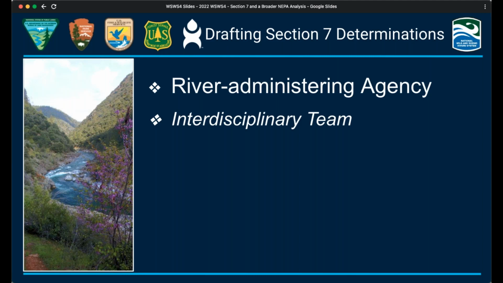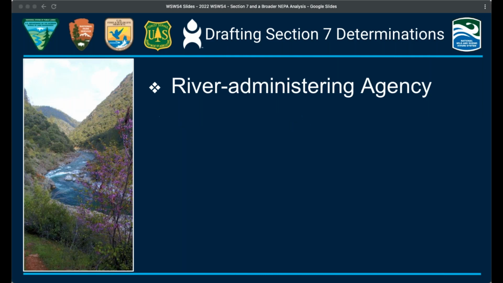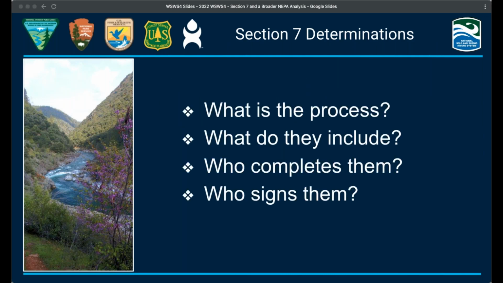If a project is found to violate the relevant evaluation standard, it is prohibited unless Congress intervenes. Section 7 evaluation must answer this question: does the project meet the applicable standard for this stream segment? For example, would the project have a direct and adverse effect to water quality on the designated stream segment?